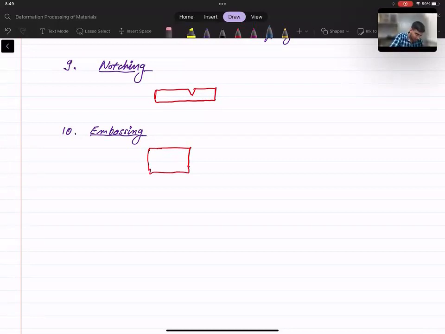Let us make any shape, say a star, like this. Basically the punch will have this impression.